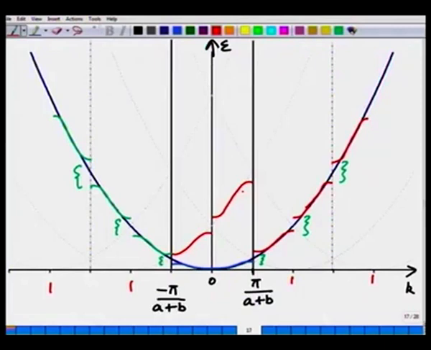The red portion will get transformed in this following fashion, and the green portion, this particular segment, will get transformed in the following form, and this particular segment will get translated in the form where it is like this.